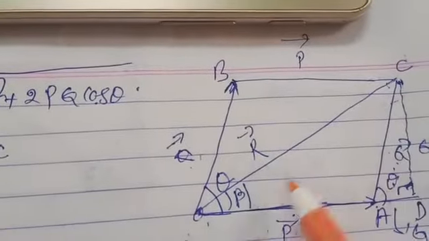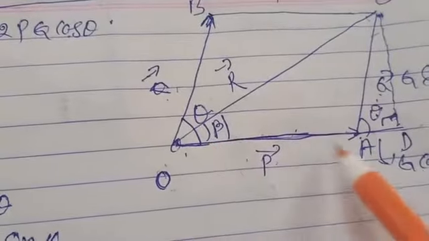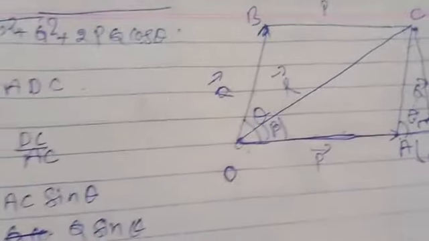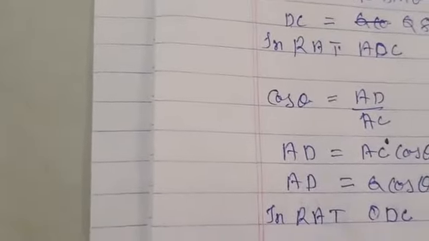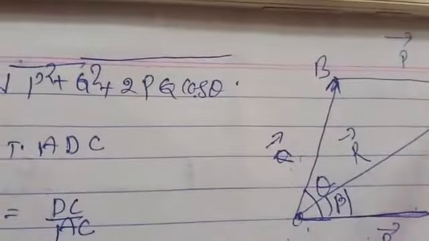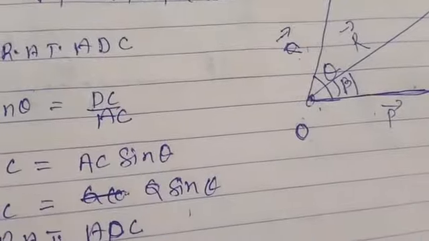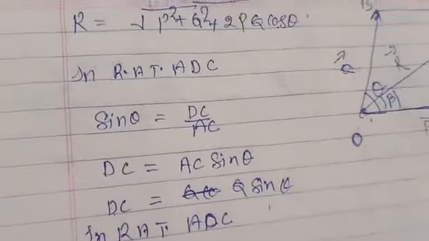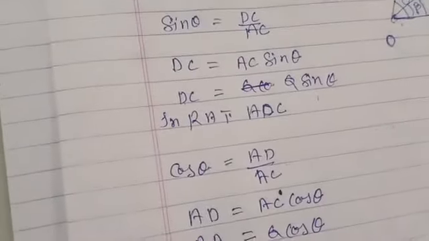So OC square is equal to OD square plus DC square.